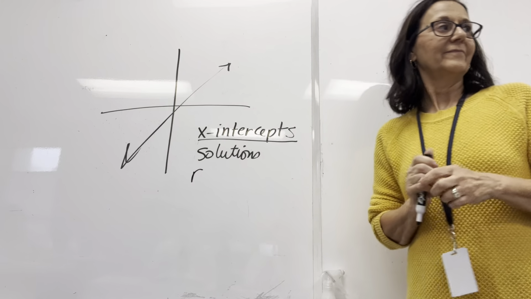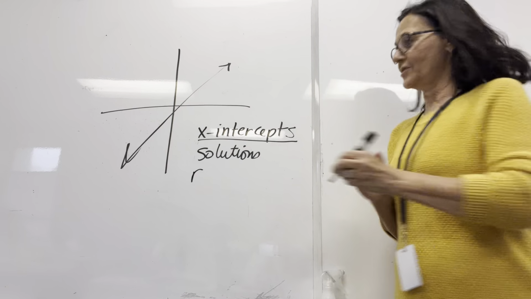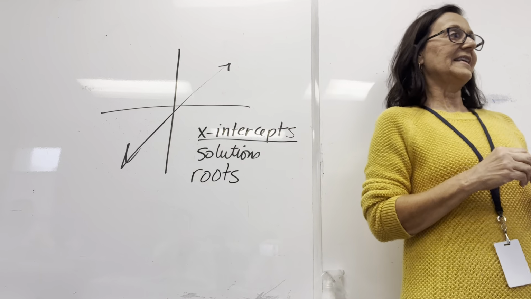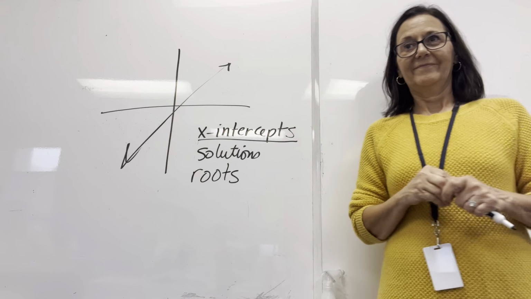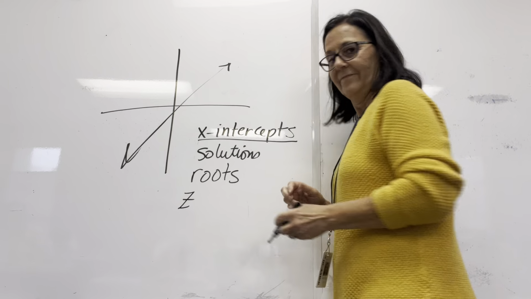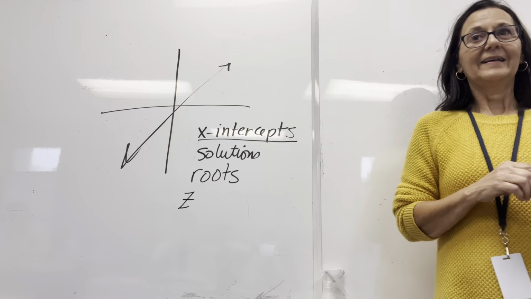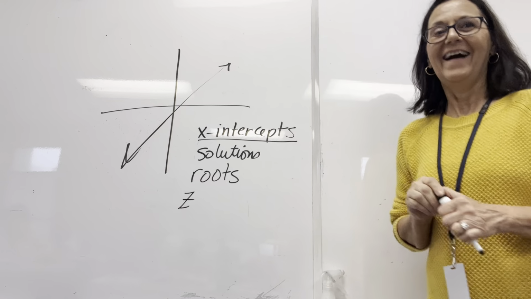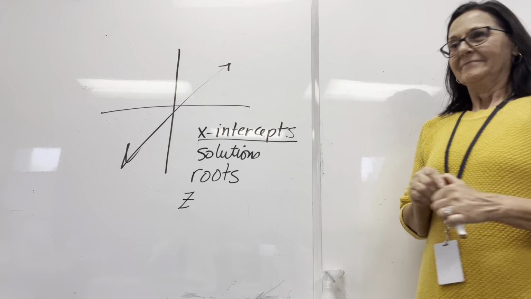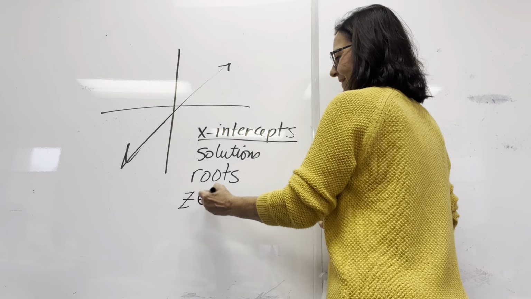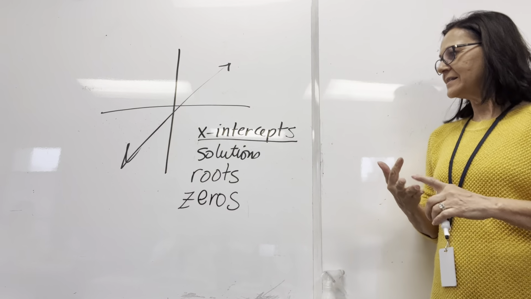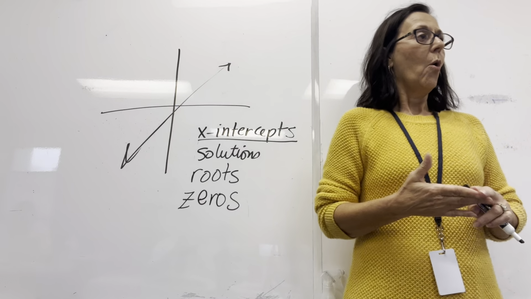No. Roots. Roots. Square. And the next one starts with a Z. Zigzags. Wait. Zebra. What'd you just say? Zebra. No. No. I have it in here somewhere. Zero solutions. Zero. Zeros. Roots, solutions, zeros, x-intercepts.